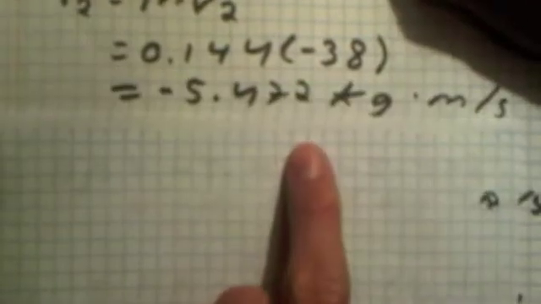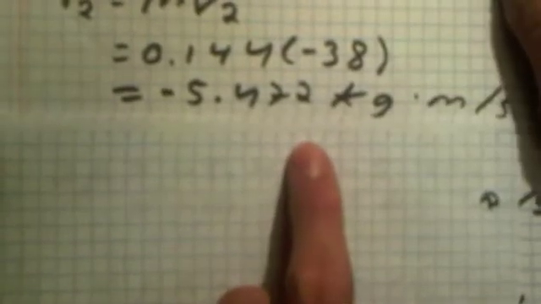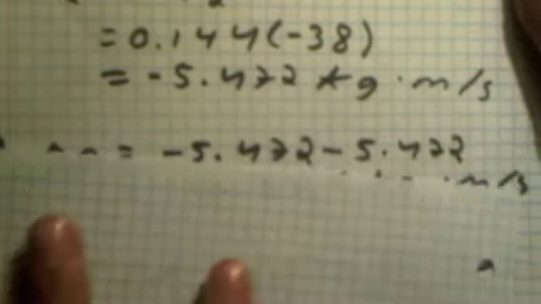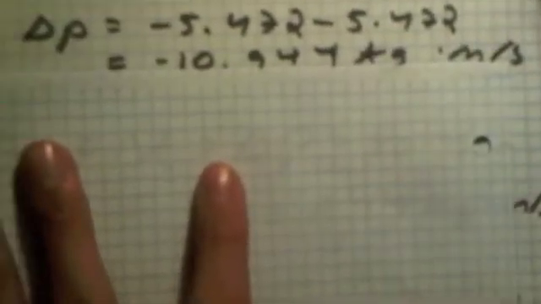And we get negative 5.472 kilograms times meters per second. Then we need to find the change in momentum. The change in momentum formula is P2 minus P1, negative 5.472 minus 5.472, and the answer is negative 10.944 kilograms times meters per second for the first part.